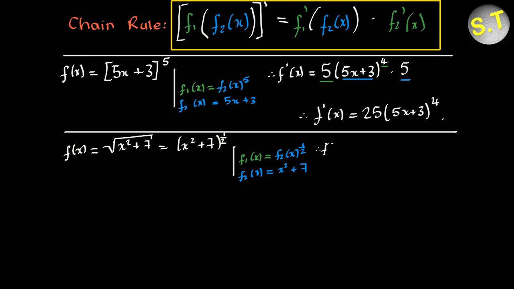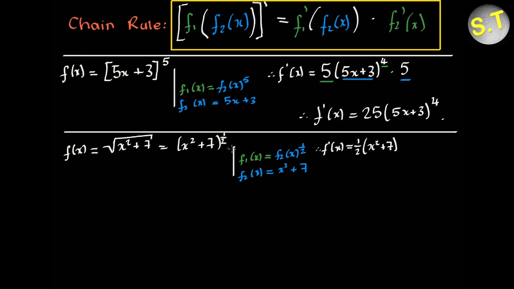So therefore the first derivative, f prime of this function, can be given by, using the power rule, we times by the whole power, so 1/2, and this bracket remains the same, so x squared plus 7.